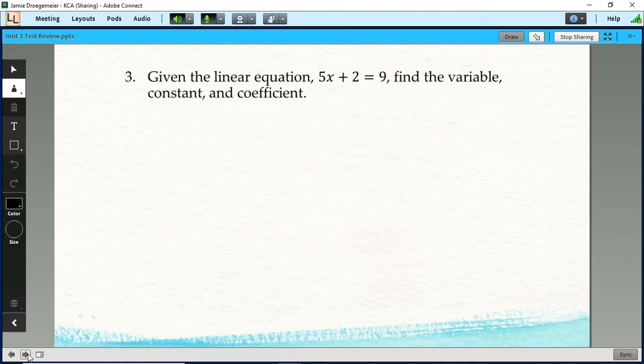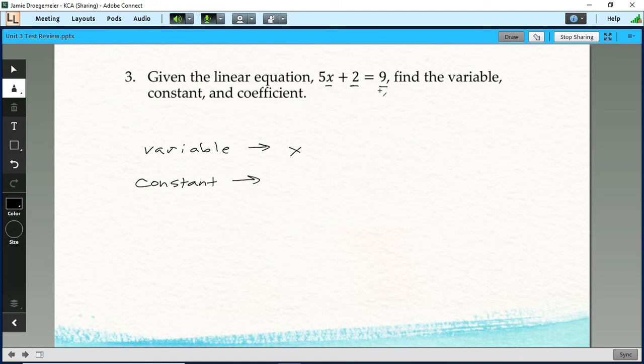All right, then in number 3, given the linear equation 5x plus 2 equals 9, they want us to identify the variable, the constant, and the coefficient. Our variable is going to be our unknown quantity. So our variable is going to be x in this case. As far as a constant, we actually have two constants here.